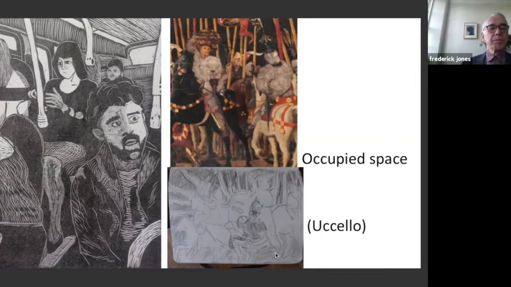The woman at the front is leaning away from some possible catastrophe, while everything else is going on around her. Now that's an engraving that was waiting to happen for a long time after I saw the Uccello and made my little drawing of it. Ideas, they lurk and they wait, and eventually sometimes they are realized.